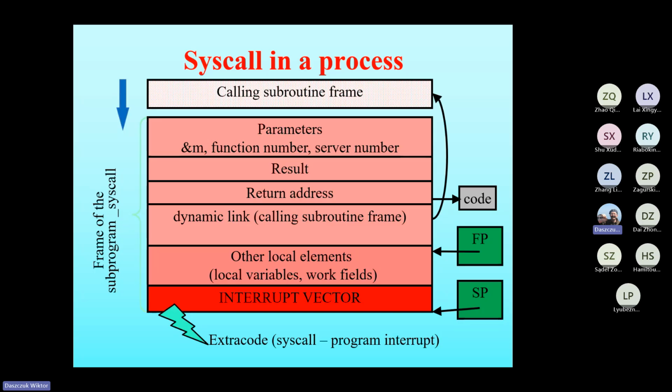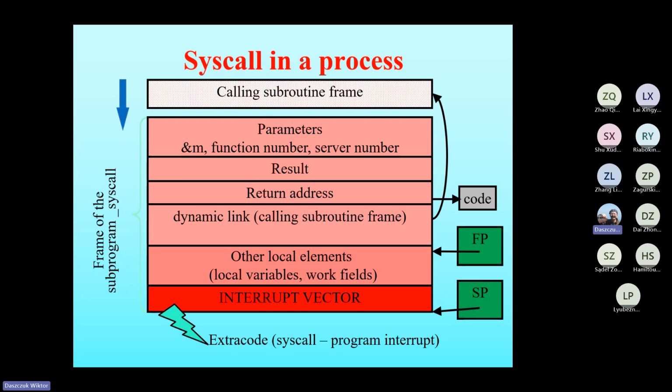It saves it on the stack. It is called the dynamic link. We will tell more about this when we discuss the structure of the stack. Here are other elements, like local variables and work fields. I don't know if syscall has some work fields.